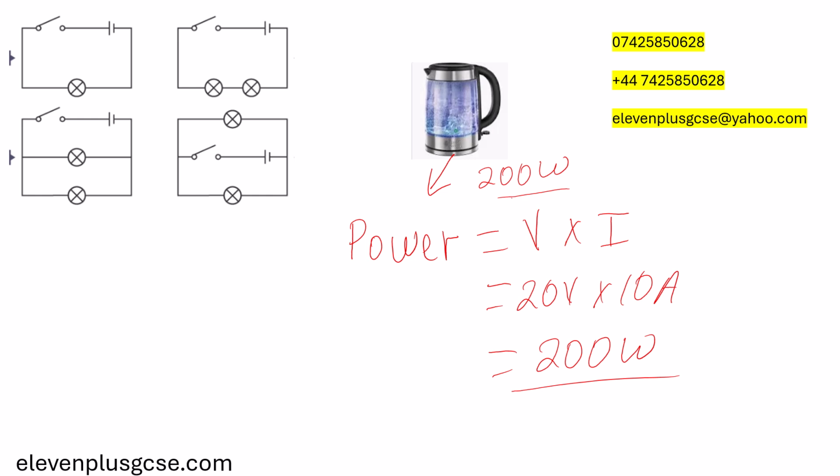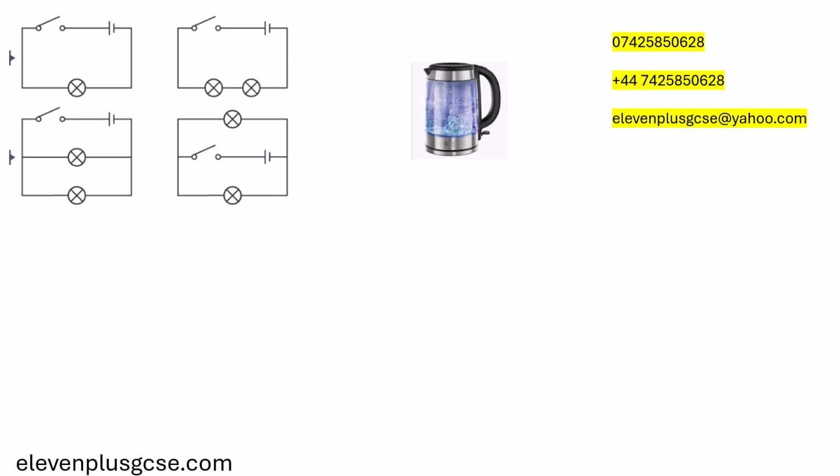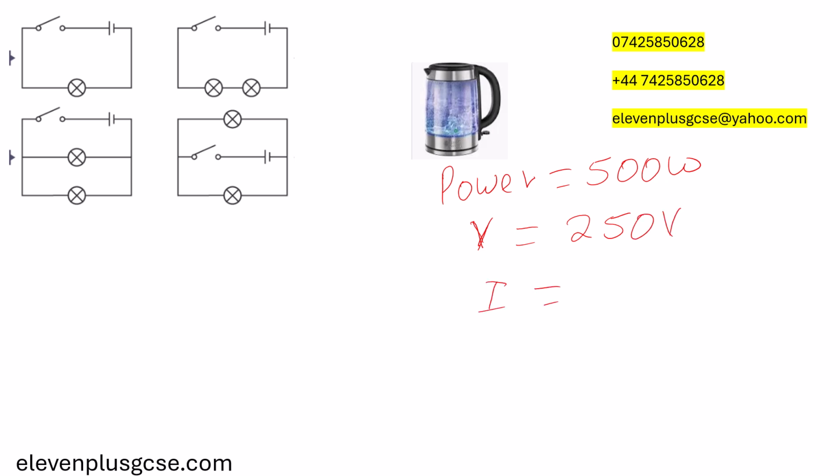Okay. Now, the other thing I want to work out is, if I wanted to work out current, how would I work it out? For example, let's say that the power of this appliance here is 500 watts, right? And the potential difference across it, let's say, is 250 volts. Let's pretend. And I work out the current that is going to go through it. If this is the amount of energy it is drawing per second, can I work out the current?